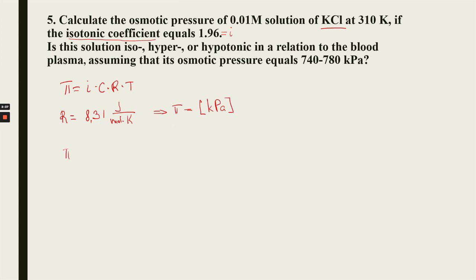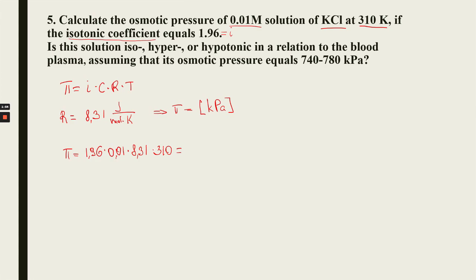So I write P equal 1.96, it's i, isotonic coefficient, multiply C. C is a molar concentration, it's given here, 0.01, multiply R, 8.31, multiply T. The temperature is given here, it's 310 kelvins.